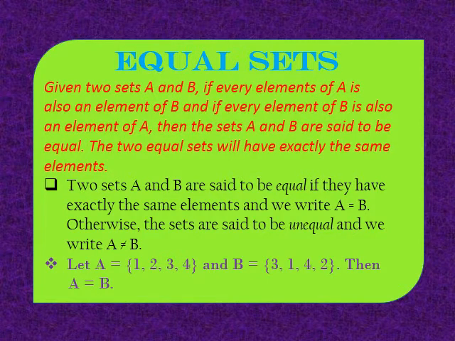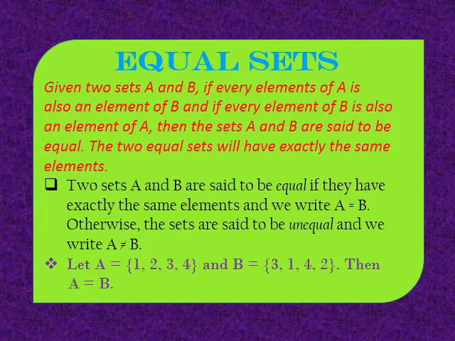Next we have equal sets. Equal means equal, simple. Given two sets A and B, if every element of A is also an element of B, and if every element of B is also an element of A, then the sets A and B are said to be equal. All the elements of A must be in B and all the elements of B must be in A. Two equal sets will have exactly the same elements.